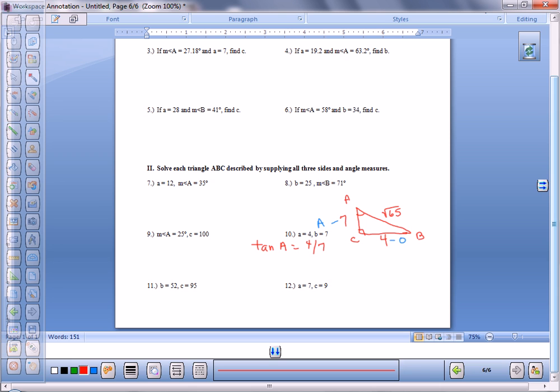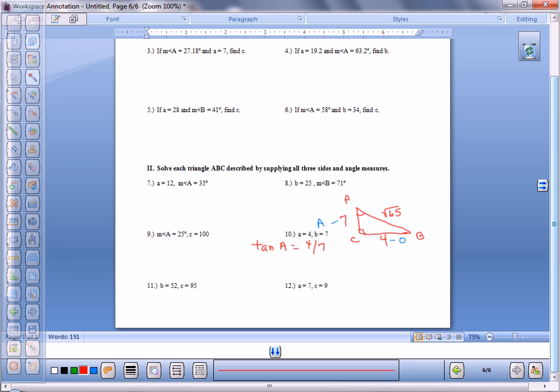So if you Google this, you might see it written as tan to the negative one, which is the inverse of tangent. Or arctan means the same thing, the inverse of tangent. So if you see either of those, we're using the inverse.